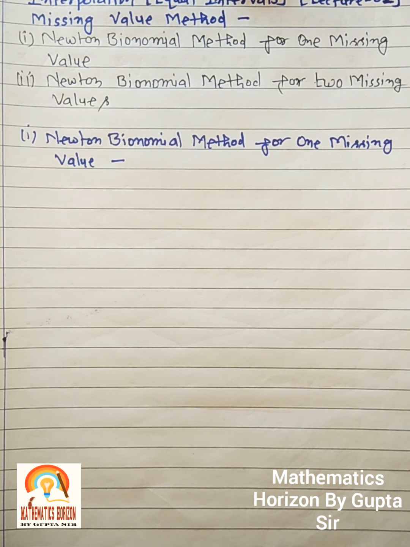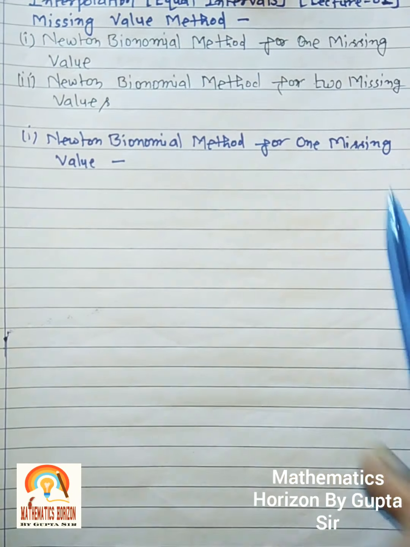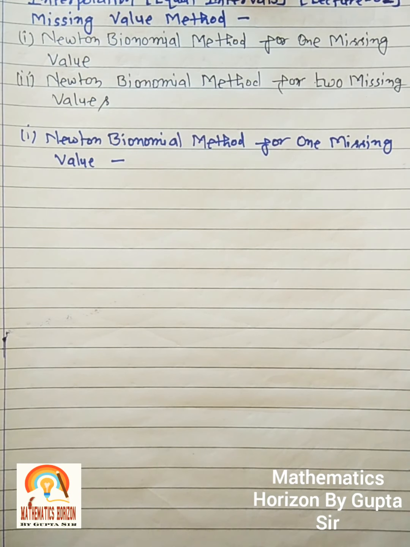Here we are covering interpolation for equal intervals, in which we have the first method, the missing value method. In the missing value part we have two methods: Newton binomial method for one missing value and Newton binomial method for two missing values.